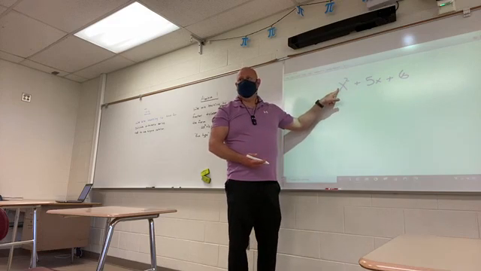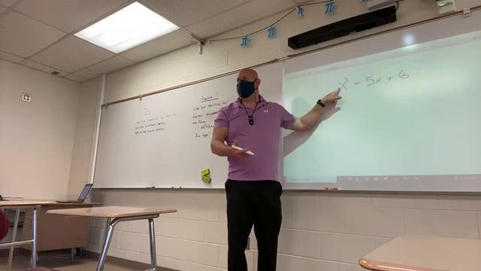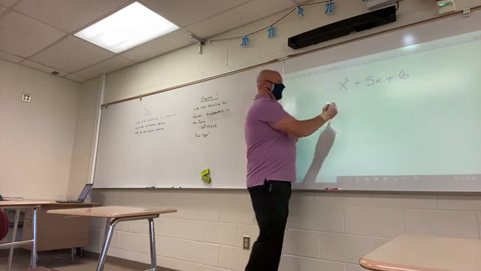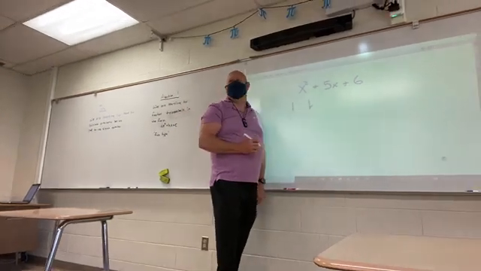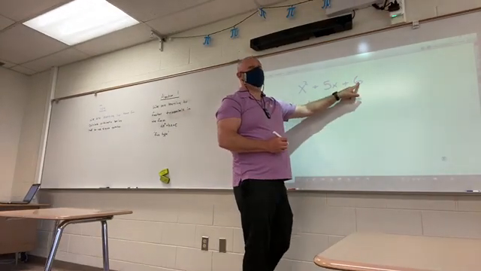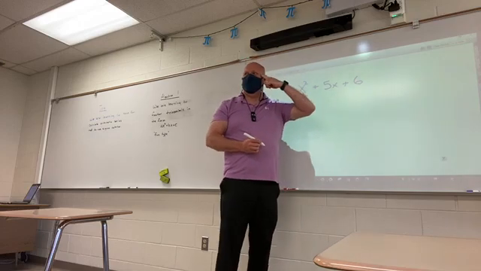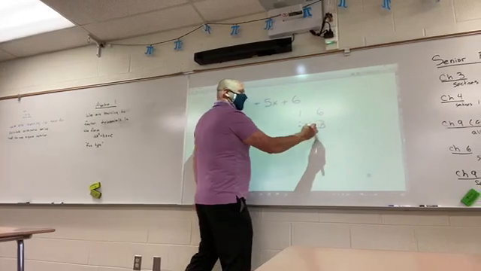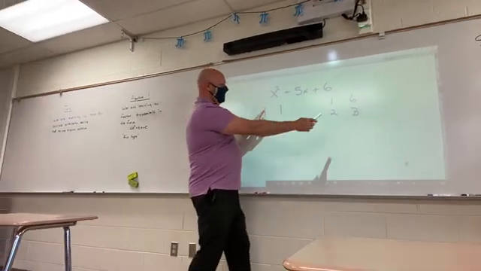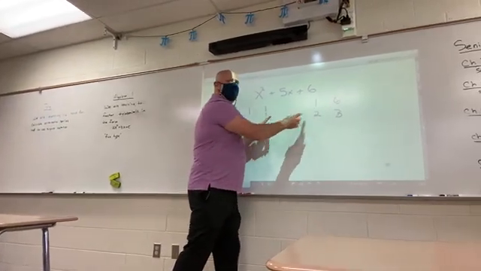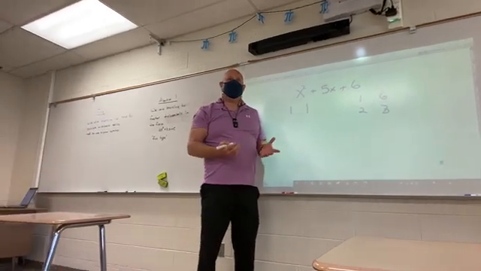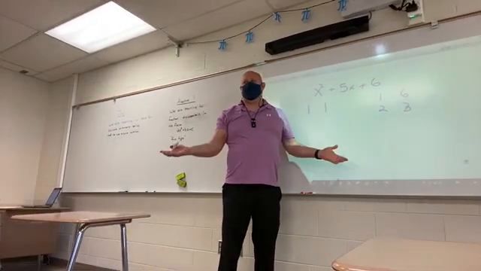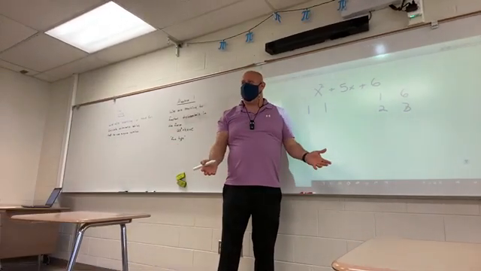This is a 1. What are all the different ways to get to a 1? 1 and 1. What are all the different ways to get to a 6? That's what we're going through in our head: 1 and 6, 2 and 3, right? Do we have to go outsides and insides? Why not? Because you're timesing by 1. It doesn't really matter, right?